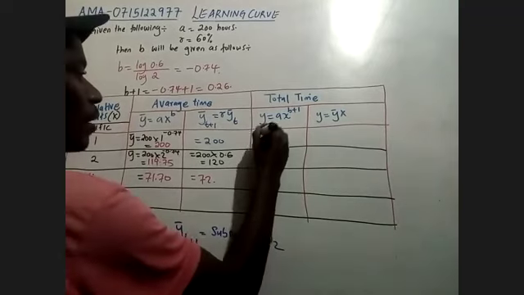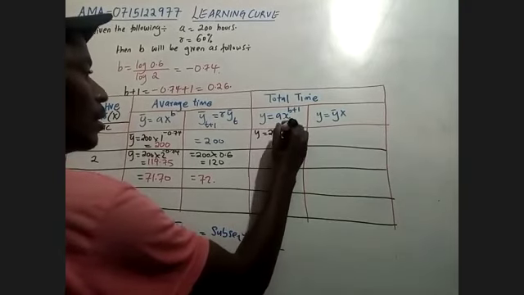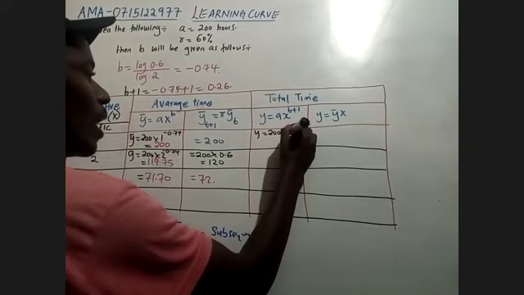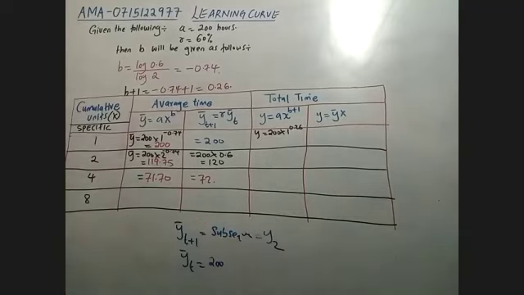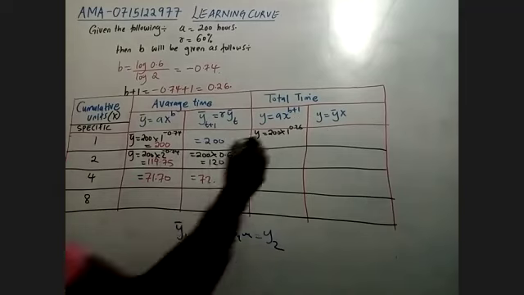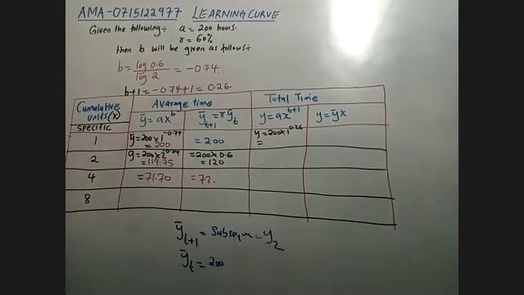Y is 200 times 1 raised to b plus 1, which is 0.26. So b plus 1 is 0.26. What will be the answer? Give me the answer: 200 times 1 raised to 0.26.